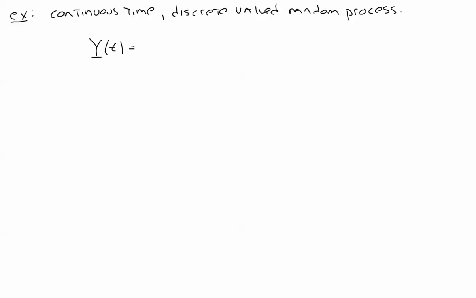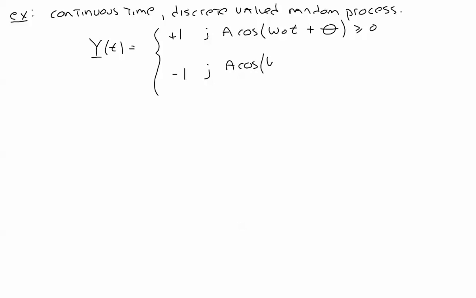Y of t equals, say, +1 or -1 if a cosine omega naught t plus capital theta is greater than or equal to 0, and -1 if a cosine omega naught t plus capital theta is less than 0. So in effect, what this is a hard limited version of the random process in the previous example.